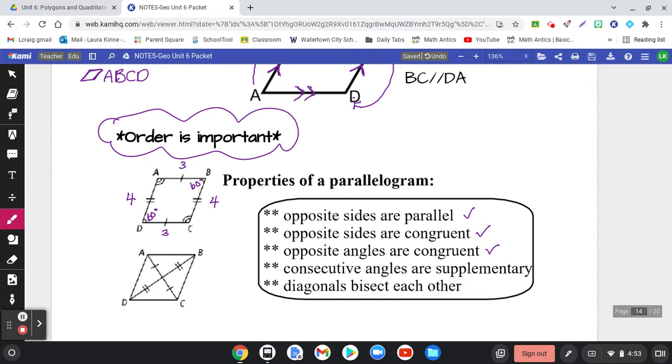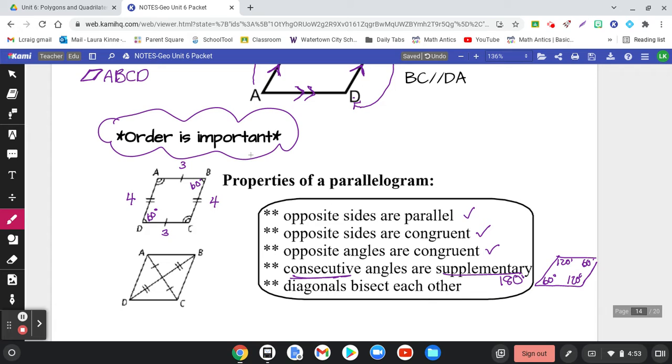And then a word you may not know, consecutive angles are supplementary. So that just means that angles next to each other add up to 180. So if this is 60, this is 120. Same up here. If this is 60, this is 120. All right, they're next to each other, either top to bottom or side to side.